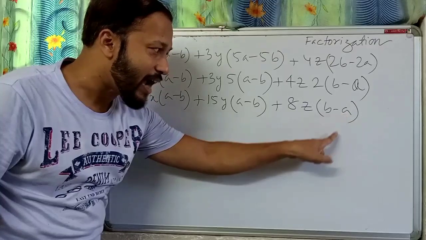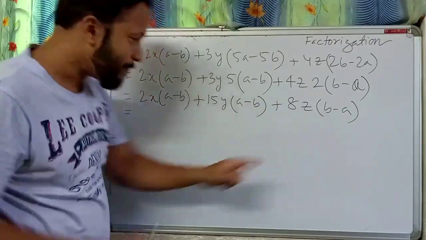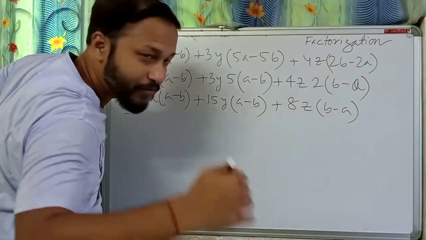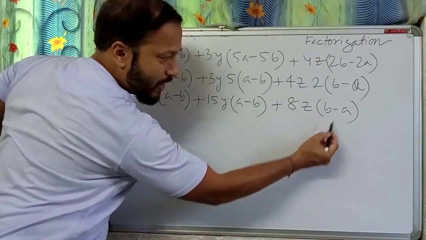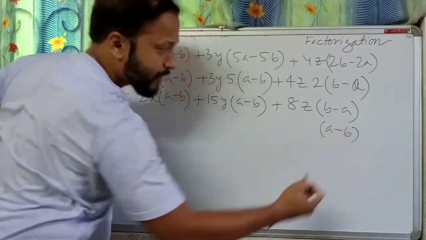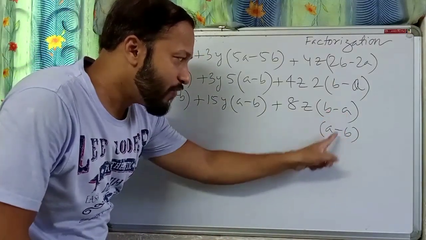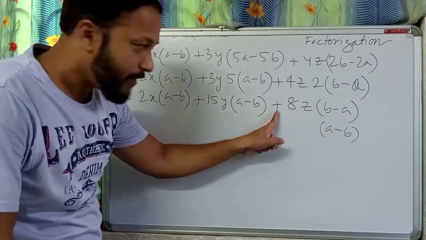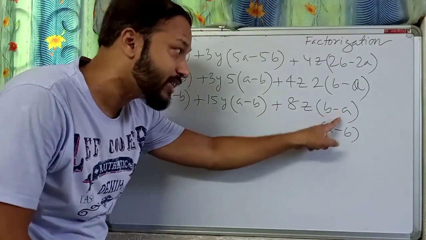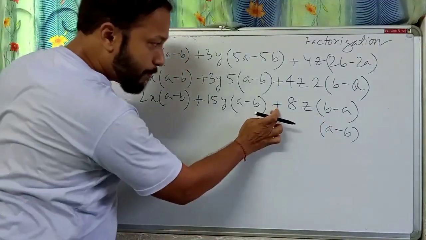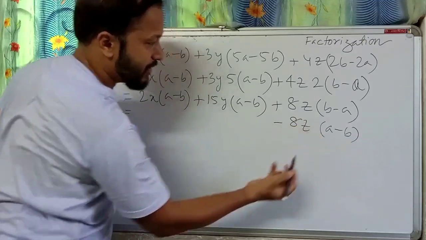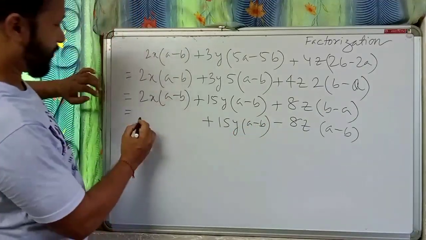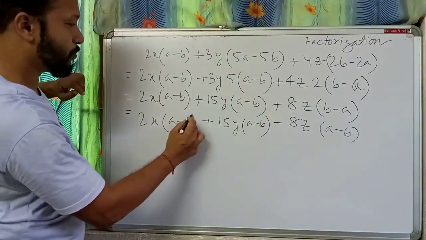Instead of b - a, I will write a - b, then my a - b and a - b will be the same. But if instead of b - a you write a - b, then you have to change this sign. If you change this sign, then only you can write this. So this sign is plus, that will be minus 8z, then plus 15y(a - b), then 2x(a - b).